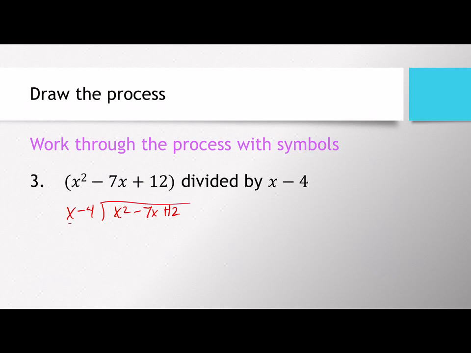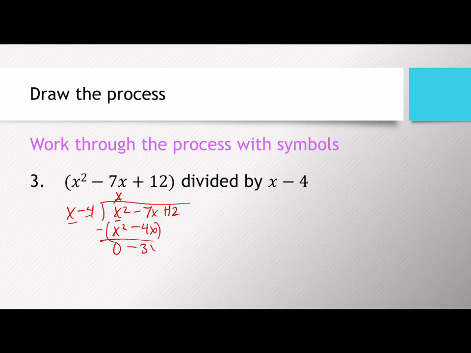Well, it's x. So x times x is x squared. And I need to multiply x by minus 4, so it's minus 4x. Subtract that off. Now I have x squared minus x squared is just 0. Negative 7x minus a minus 4x is negative 7x plus 4x, which gives a minus 3x.